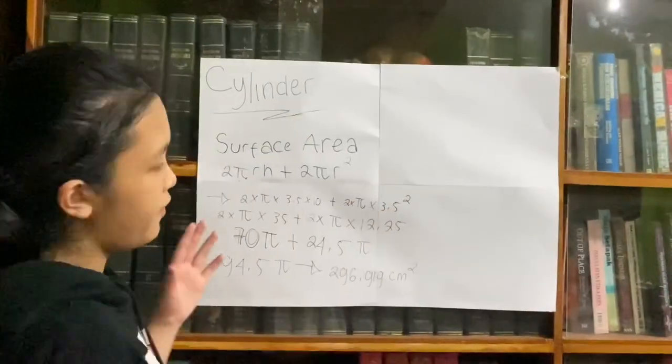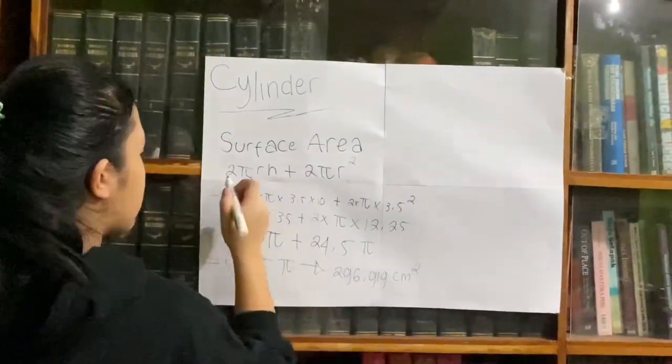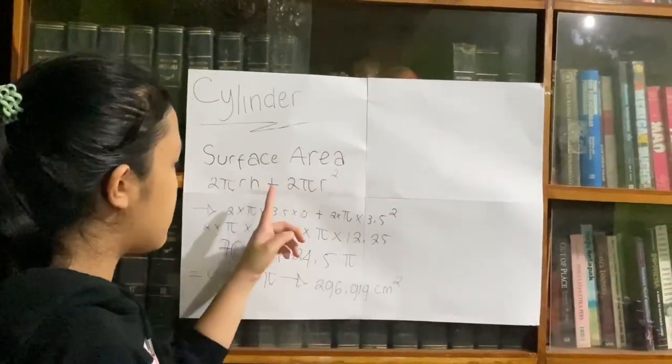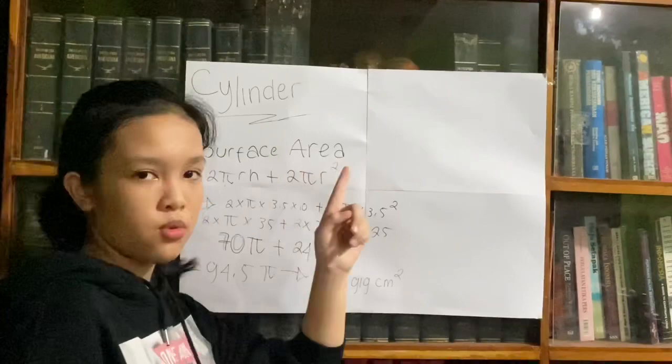So the formula of the surface area of a cylinder is 2πrh plus 2πr squared.